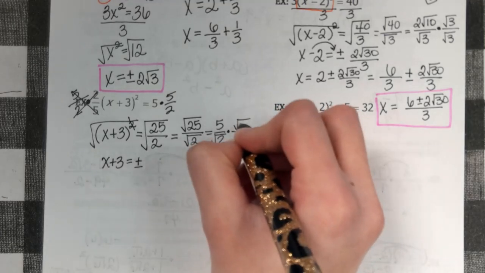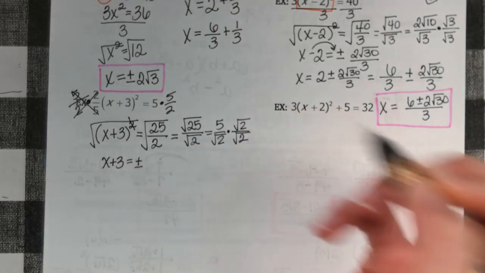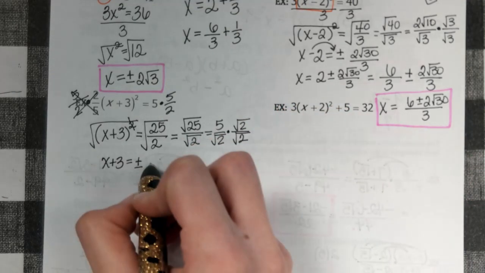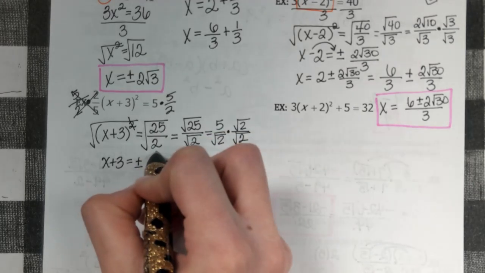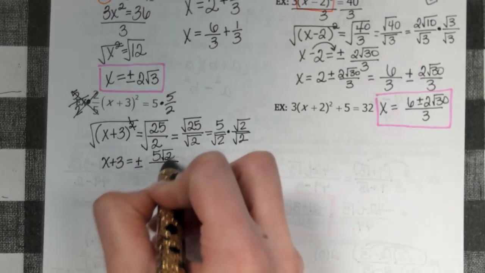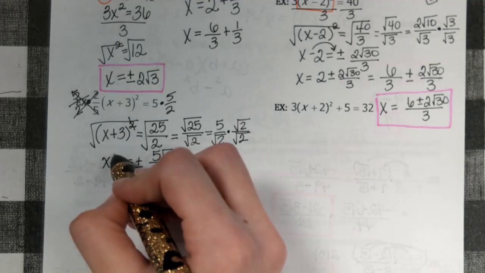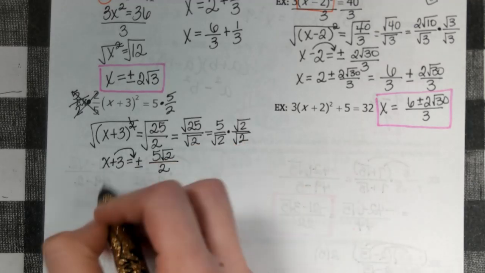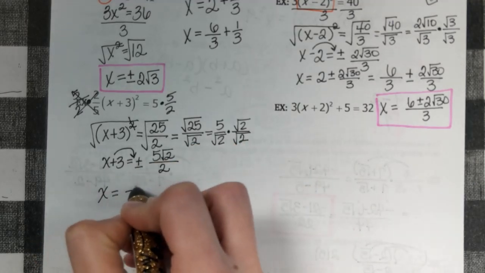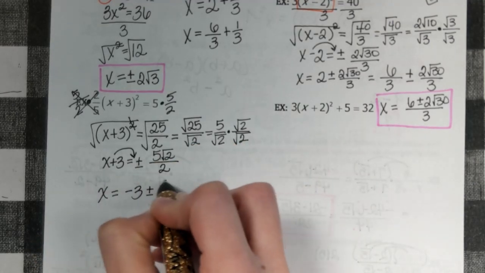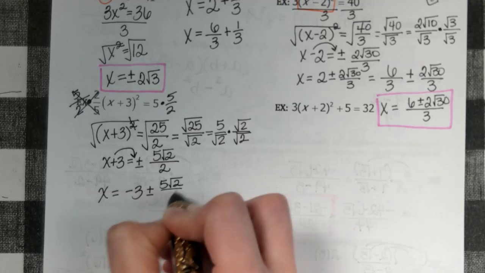So that's 5 over square root of 2. Multiply by square root of 2, so it becomes 5 square root of 2 over 2. Subtract 3. So I'm going to move my 3 by subtracting, so x equals negative 3 plus or minus 5 square root of 2 over 2.